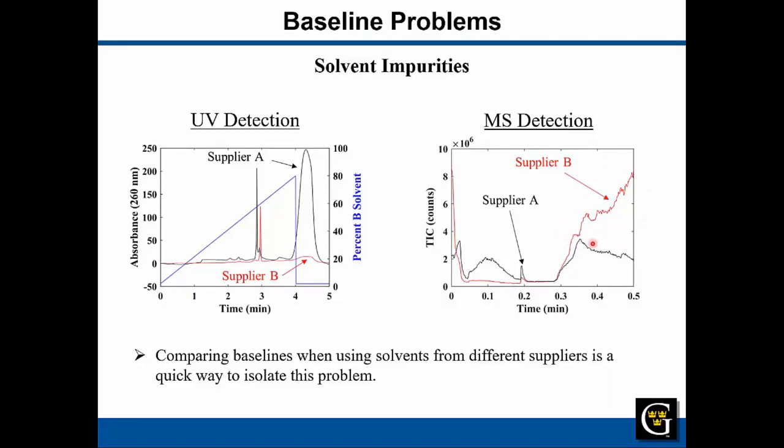In this case, we're doing gradient elution again, so there's something in the B solvent, the organic solvent, that is really producing a lot of ions in the mass spec. And comparing the signals we get in the two chromatograms when we use solvents from the two different suppliers is a really effective way of isolating the problem to the solvent itself.